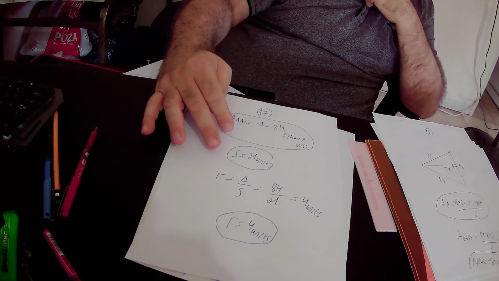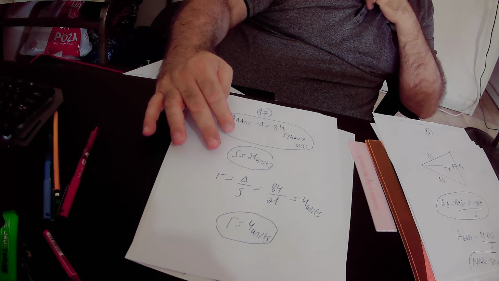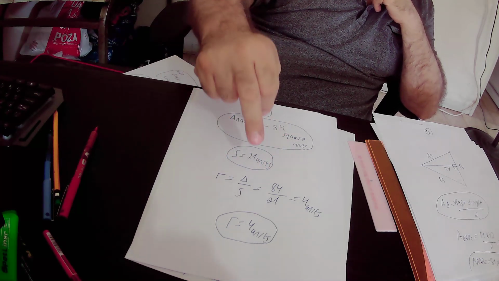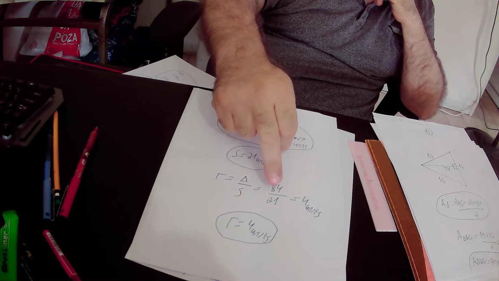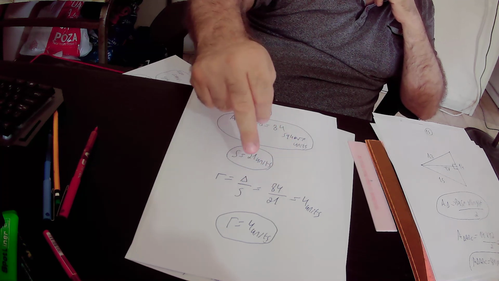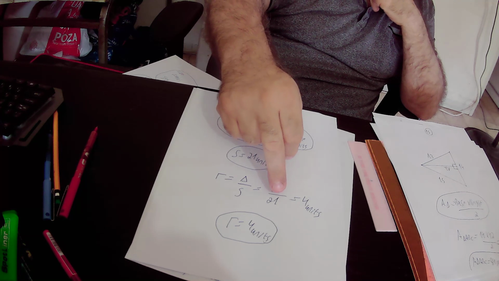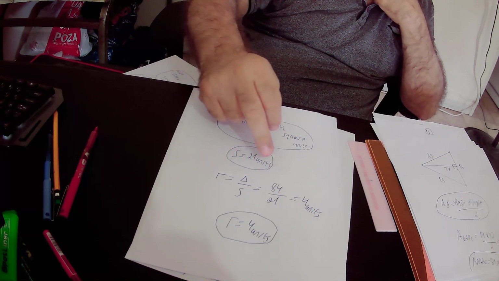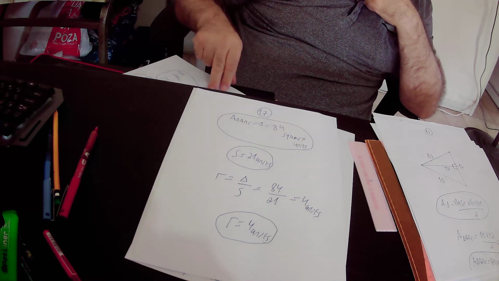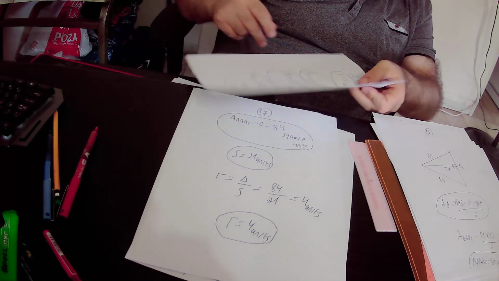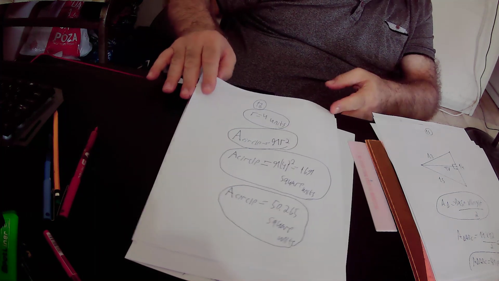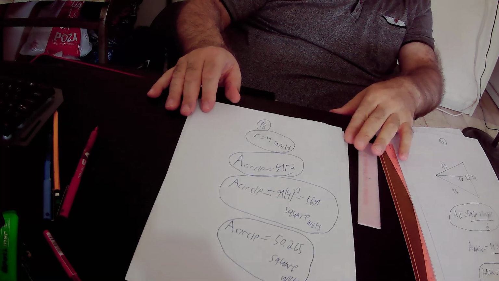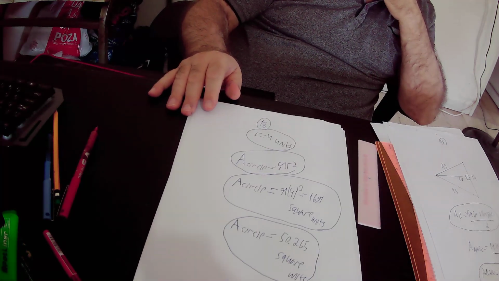So the radius of the green circle equals the area of the triangle, 84 square units, over the semi-perimeter of triangle ABC, 21 units. So the radius of the green circle equals 4 units. After we found that the radius equals 4 units, it is very easy to find the area of the green circle.